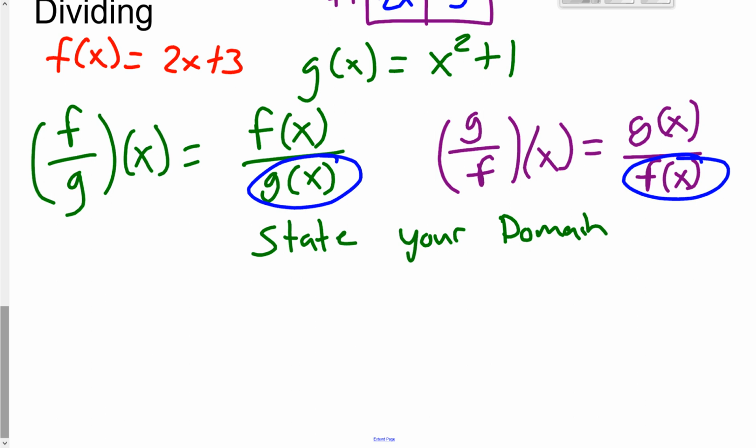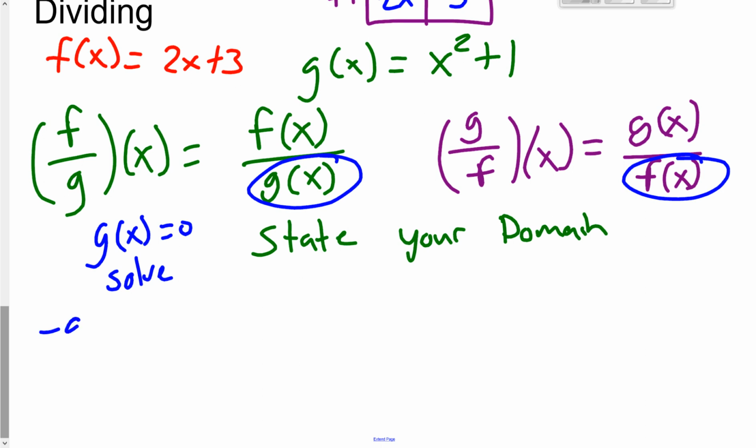So we could plug anything in for x and we'd get an answer out. The only time we don't is when our denominator would be 0. So for this one, to state our domain, we would want to set g of x equal to 0 and solve for x. And then do everything but what x cannot equal.